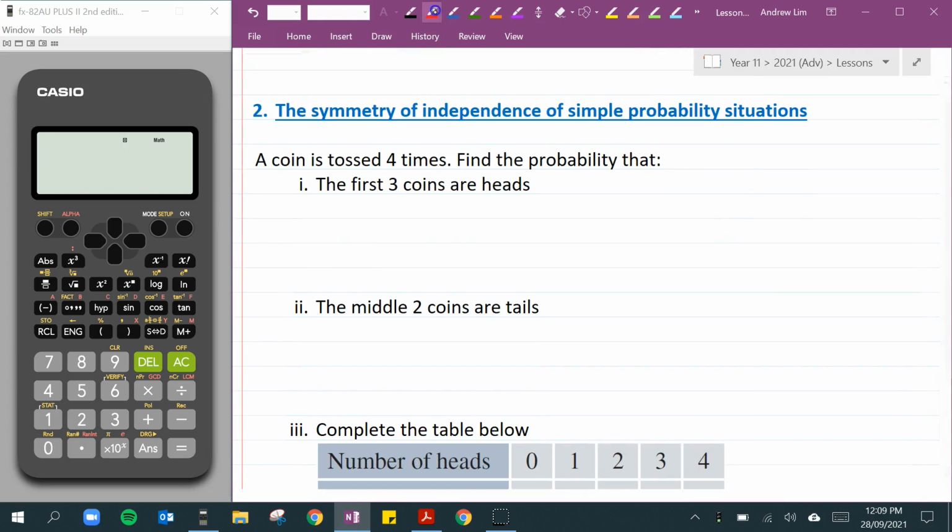All right. Part 2 of this lesson is to have a look at the symmetry of independence of simple probability situations. So a coin is tossed 4 times. Find the probability that the first 3 coins are heads. So the probability that the first 3 are heads.